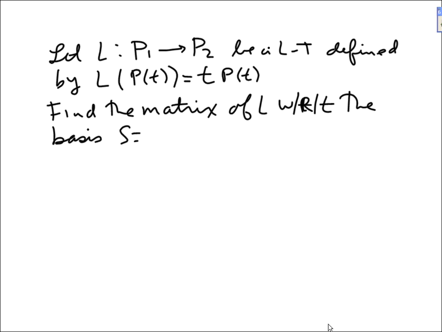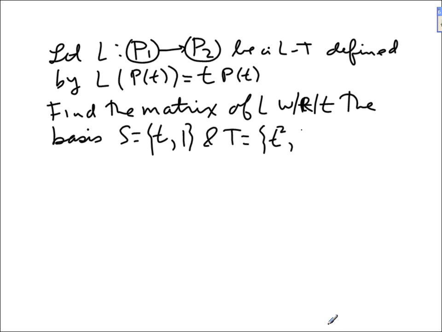So the basis for P1 is T and 1. And the basis for P2, well, you can have up to a quadratic: T squared, T, and constant. 1T squared, 1T, and 1.